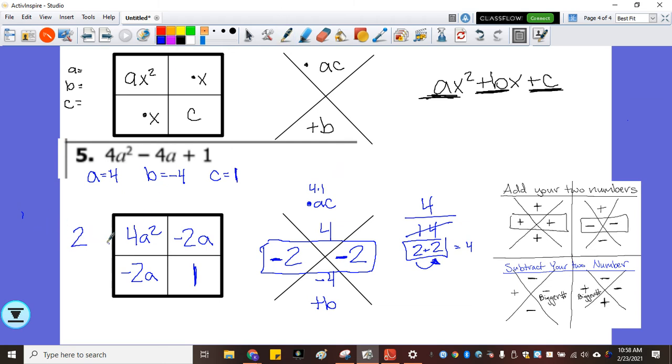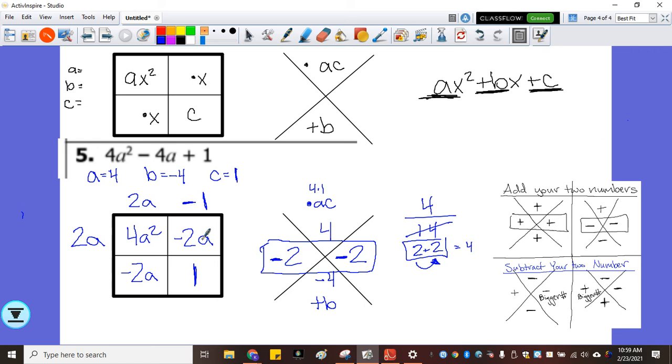Okay, so we figured out it was 2a. And then 4, again, this is the same one. 4 negative 2 is again 2a. 2a times what gives you negative 2a? 2 times negative 1 gives me negative 2a.